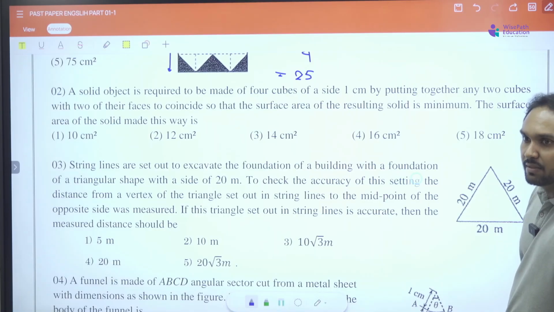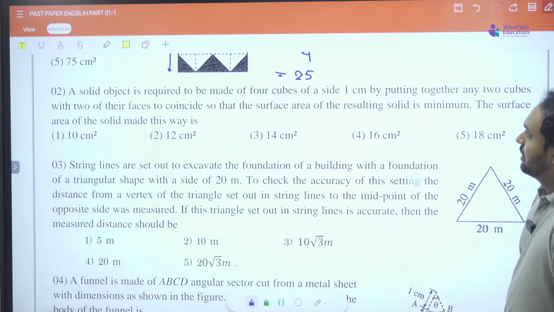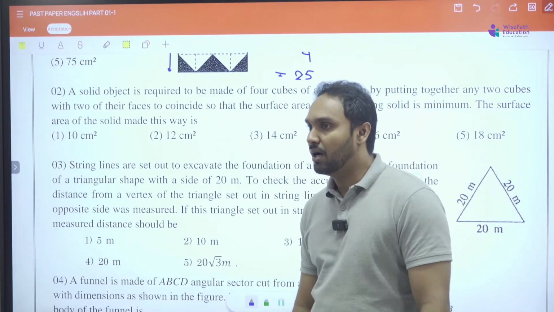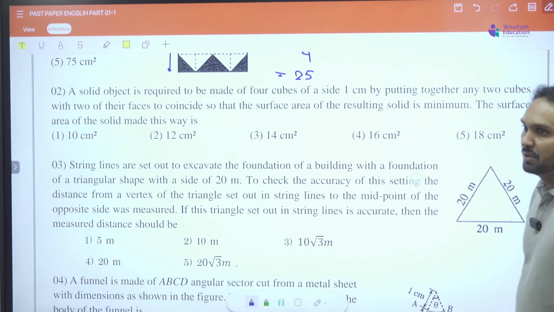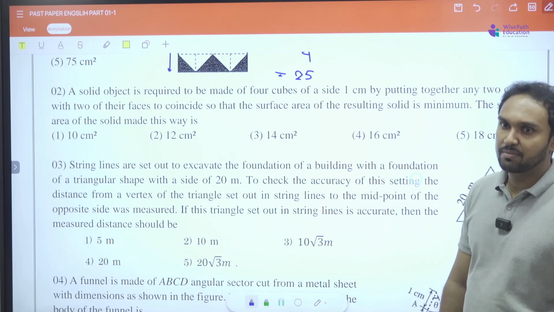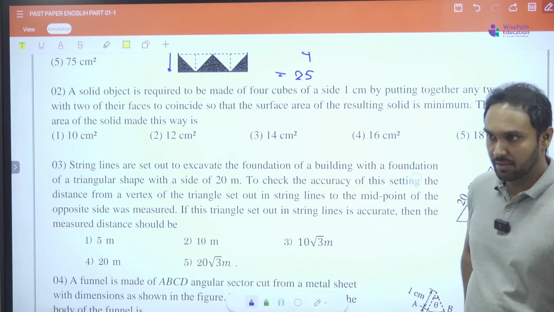What they are telling is, you have 4 cubes and 2 of the faces of the cubes have to coincide and it has to have a minimum area as well. So they are asking how do you put the 4 cubes to coincide with 2 of the faces and minimize the area, and they are asking for the complete area after you put it that way.